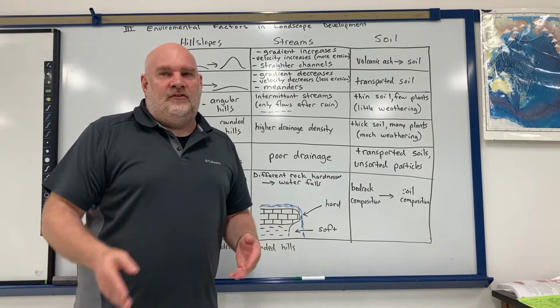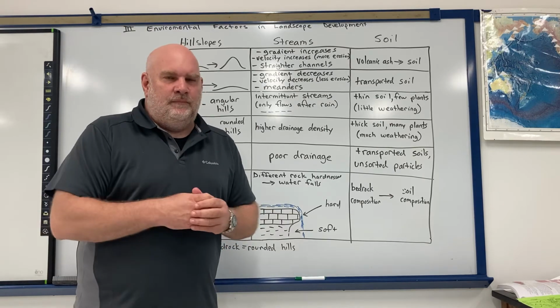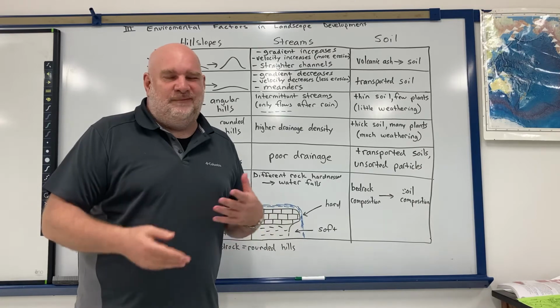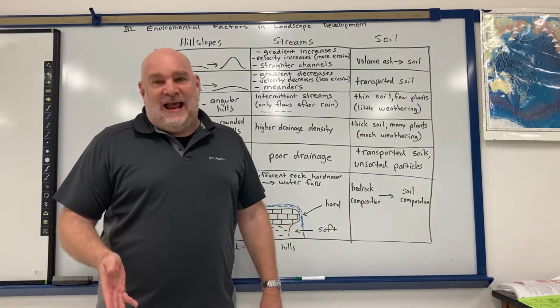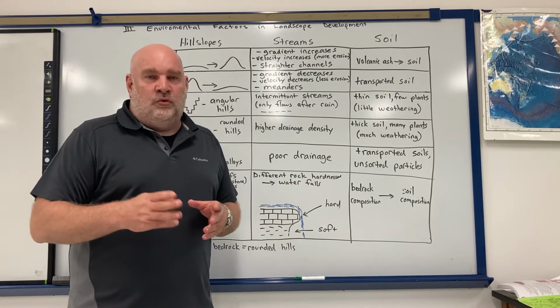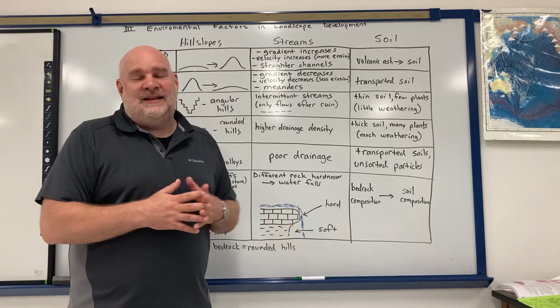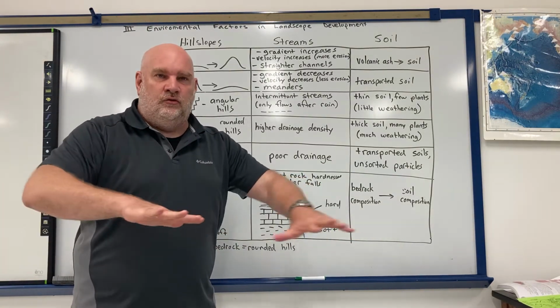So when it rains and stuff, the water can't flow through the old stream channels, and the water kind of gets trapped, and you end up with poor drainage and like muddy and swampy conditions and so forth. So as time goes by, the stream channels and stuff will reestablish themselves. But initially, when the glacier pulls back, a lot of times you have really poor drainage because there's just junk covered all over the old stream channels.